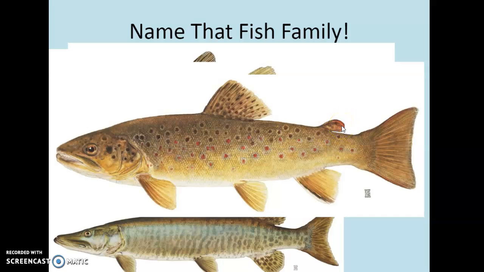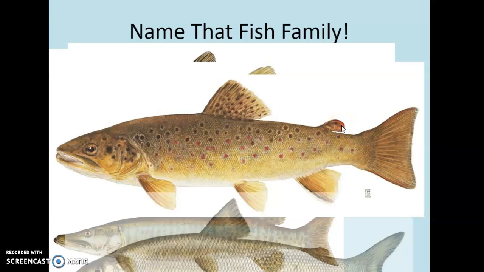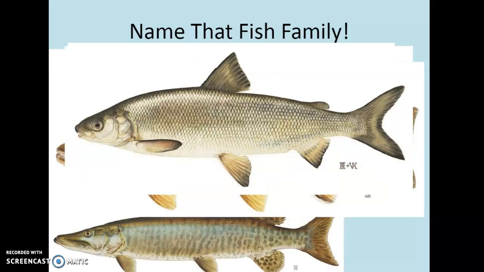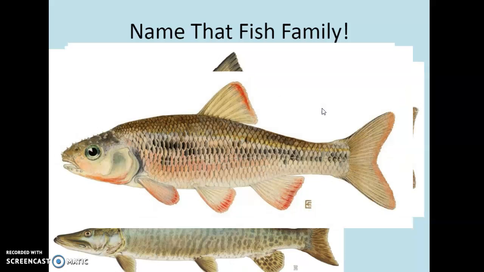So you're looking at the salmon family. Here's a whitefish, and similar to the trout. No barbels, a small dorsal fin, and an adipose fin. Here's another minnow.